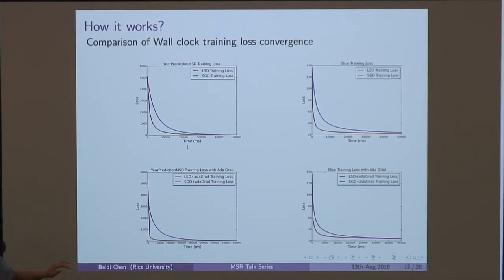And on the bottom is for SGD plus AdaGrad and our algorithm with AdaGrad. I want to emphasize here that our algorithm is independent of those learning rate optimization algorithms, because whatever you can do to SGD, you can still apply to our algorithm. That's not a contradiction.